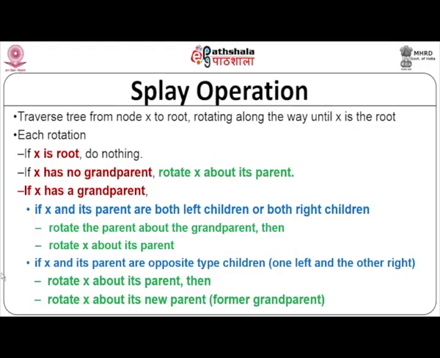If x and its parent are opposite type children, one left and one right, that is parent is right and x is left, or parent is left and x is right, rotate x about its parent first. Look at the order: we first rotate x and then rotate x about the new parent. These are the operations that we are going to look at.